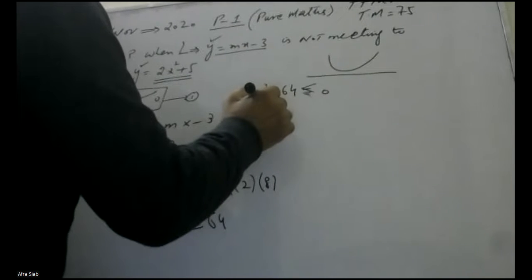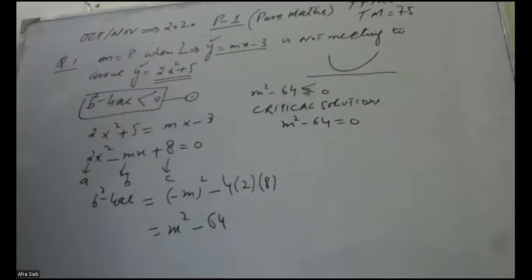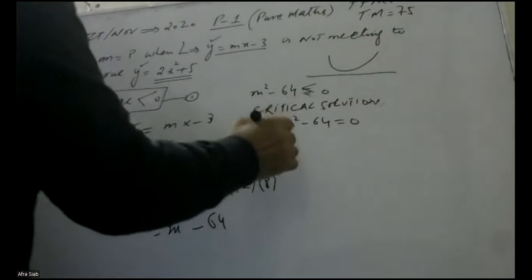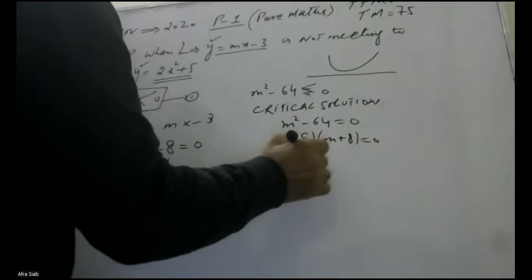We need a critical solution. For this, m square minus 64 should be equal to 0, which is a square minus b square. So m value is equal to 8 and minus 8.